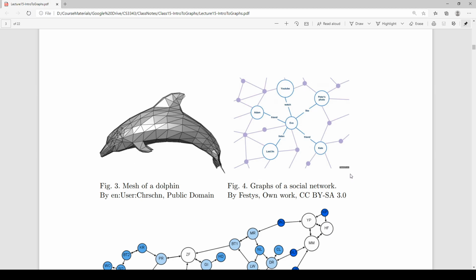Another application I mentioned already is social networks. If you have a social network, you can have a bunch of different entities, and they can have a bunch of different relationships, right? You can have this person who watches YouTube, so they interact with YouTube. They like this particular photo. They're a friend to this particular person.